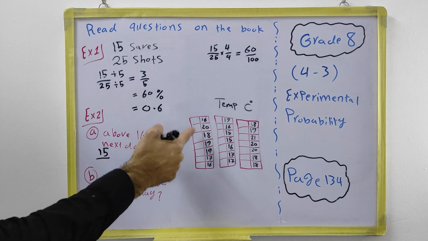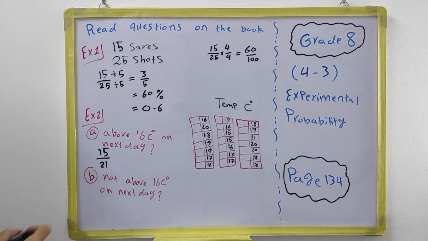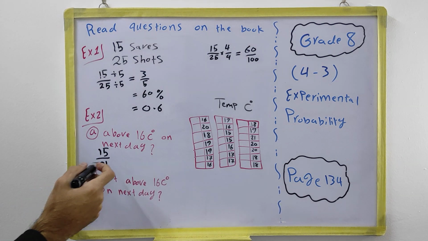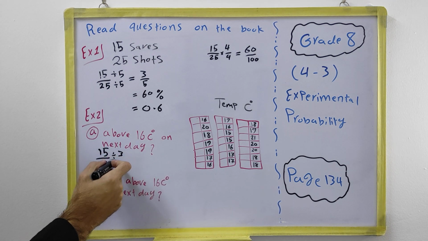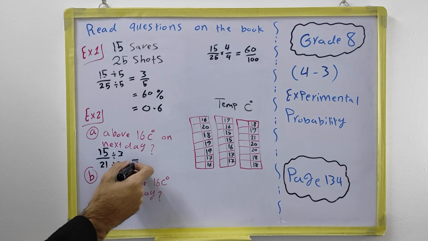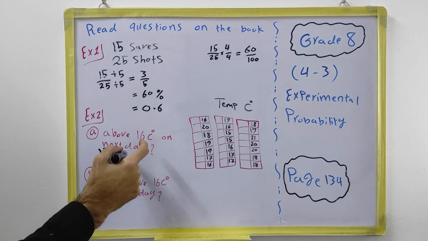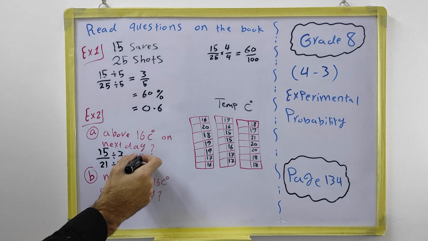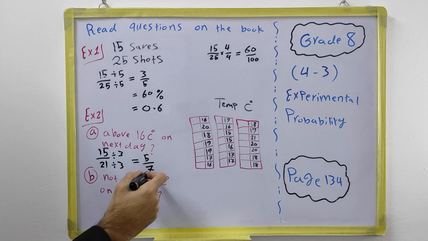We have 3 weeks, 7, 14, 21, so 15 over 21. And always we write the fractions in the simplest form. It can be divided by 3, so the probability for the temperature on the next day to be above 16 is 5 over 7.